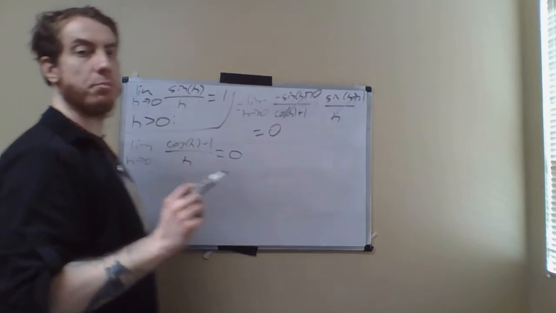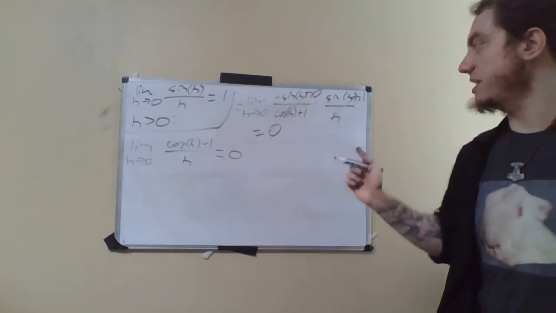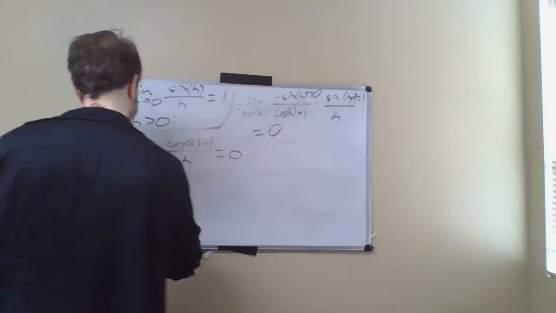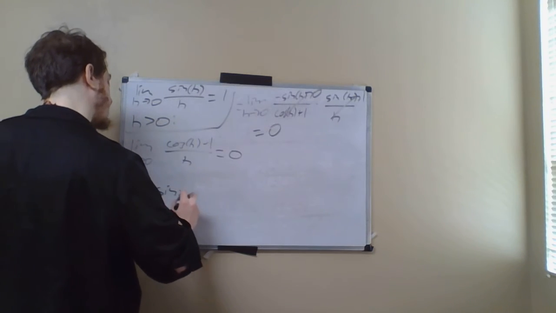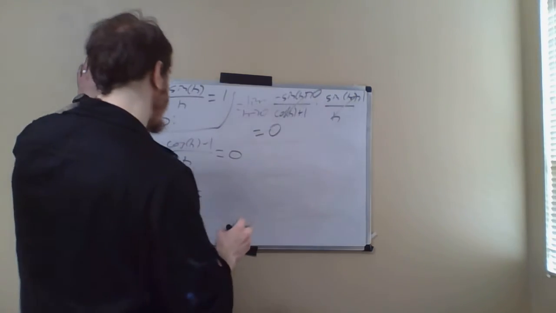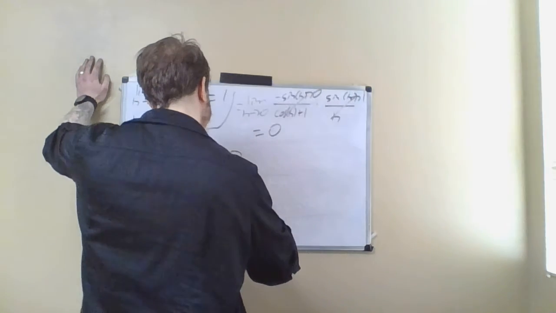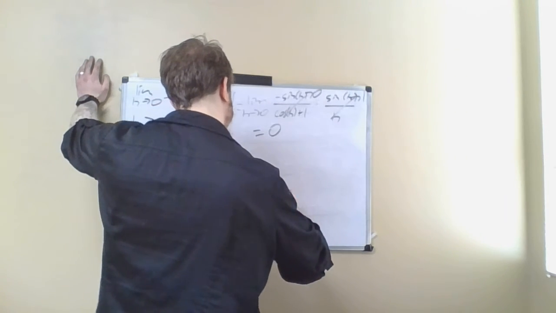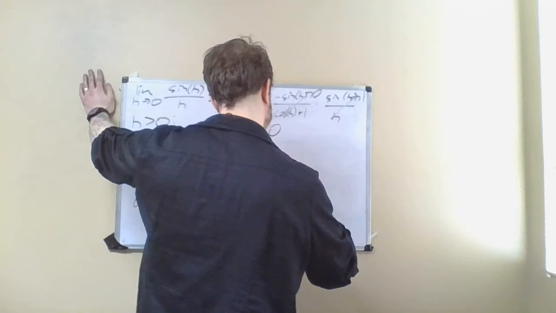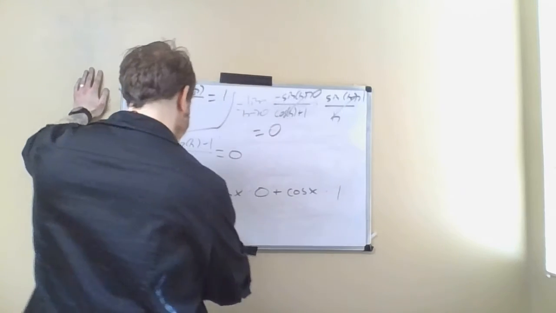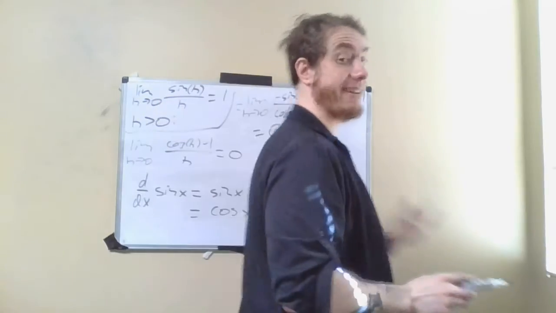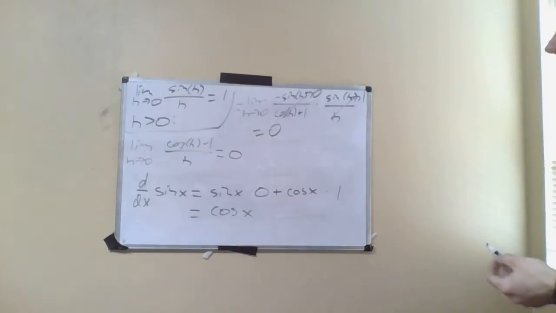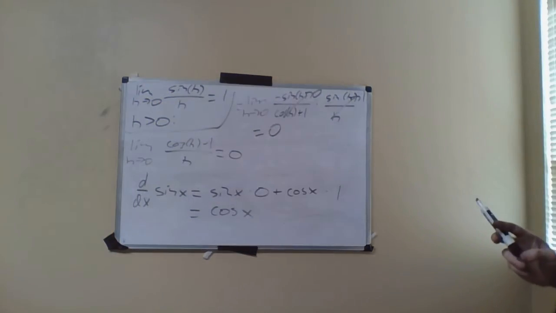So go back and plug these into that formula that I erased before, and you will see that the derivative of sine x is going to be equal to sine x times 0 plus cosine x times 1, which is actually just equal to the cosine of x. That is a really beautiful and nice result.